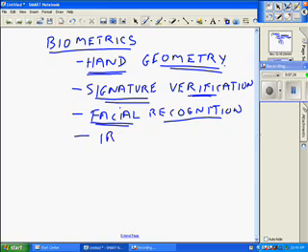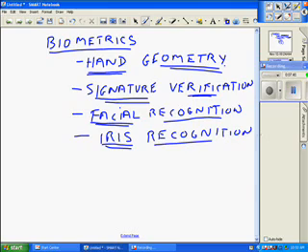Another one, which you may be familiar with from James Bond films or such, is iris recognition. The iris is the bio part, and the recognition comes afterwards. The iris is one of the most unique features of the person, so it's believed to be the most accurate biometric system available. The scanner checks up to 247 independent points.